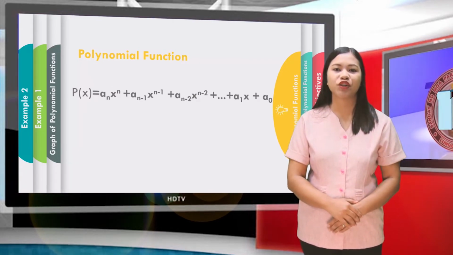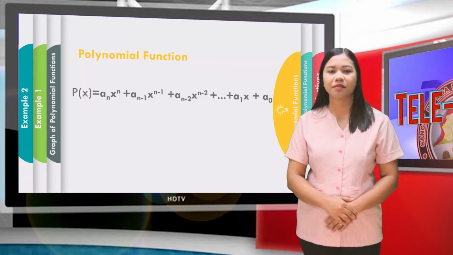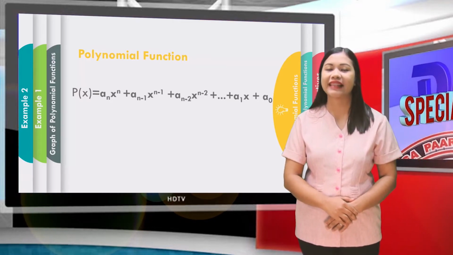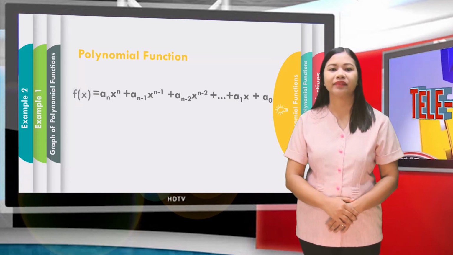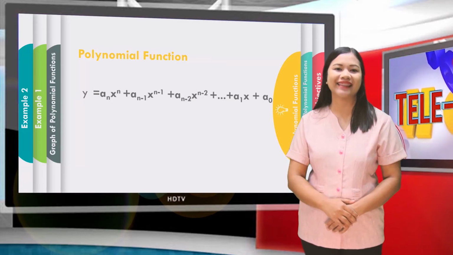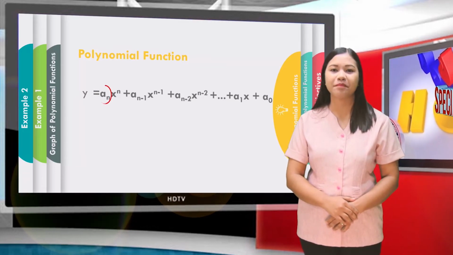This polynomial function P(x) may start with f(x). It can also start with y. In addition, a sub n is the leading coefficient, and n is the degree of the polynomial.